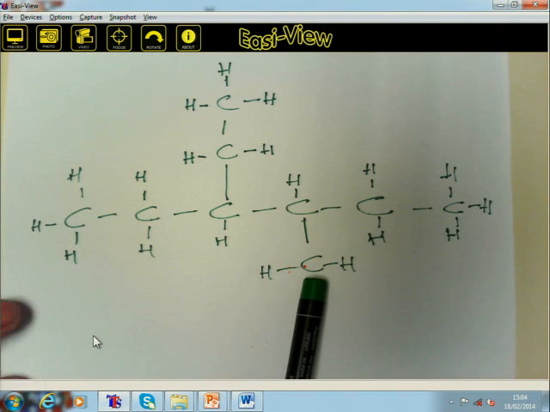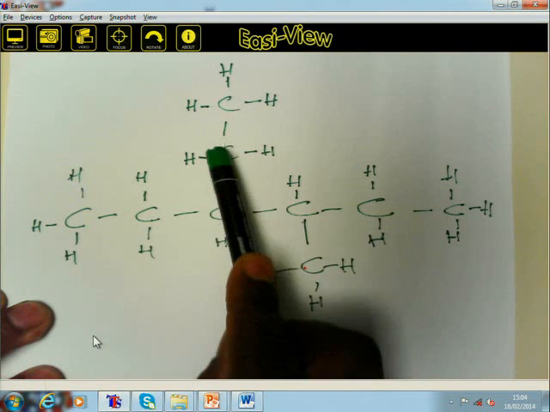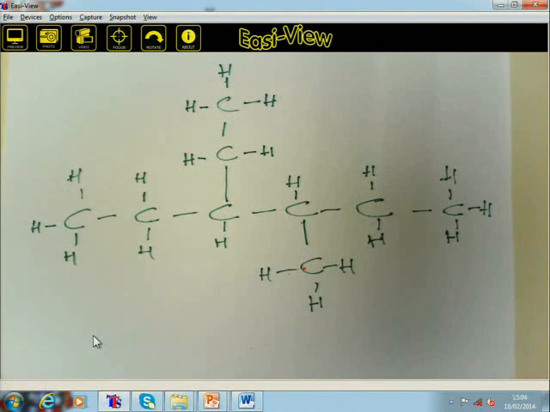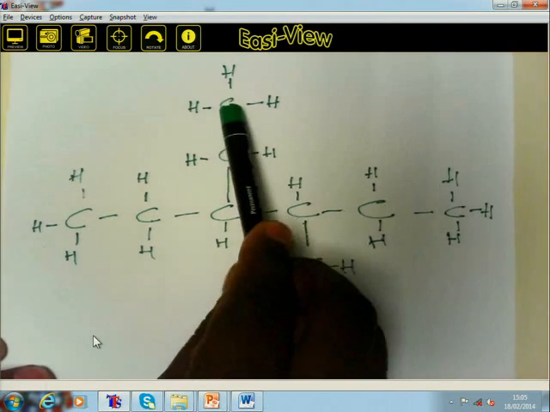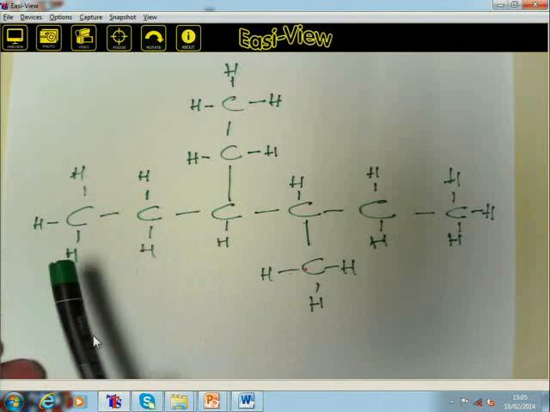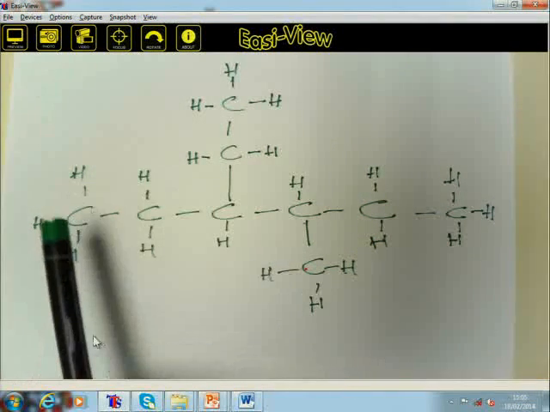I won't choose 5. And then if I go this way, 1, 2, 3, 4, 5, 6. So the long chain doesn't have to be straight. Sometimes it bends, like I'm showing you here. I can count 1, 2, 3, 4, 5, 6. I still have 6. So I'm going to choose this one because this one is easy for me to work with, unlike the one that bends.